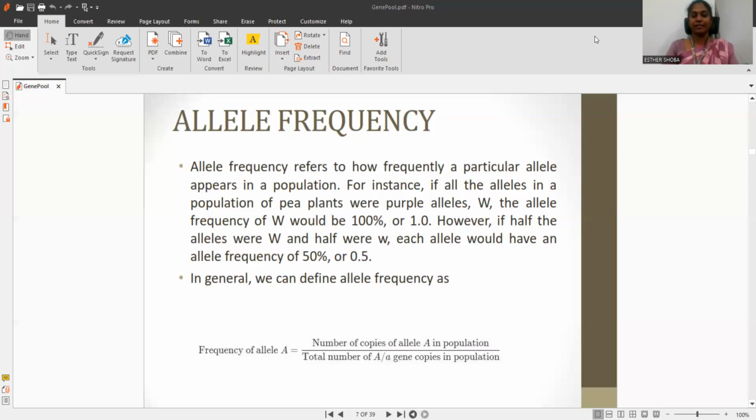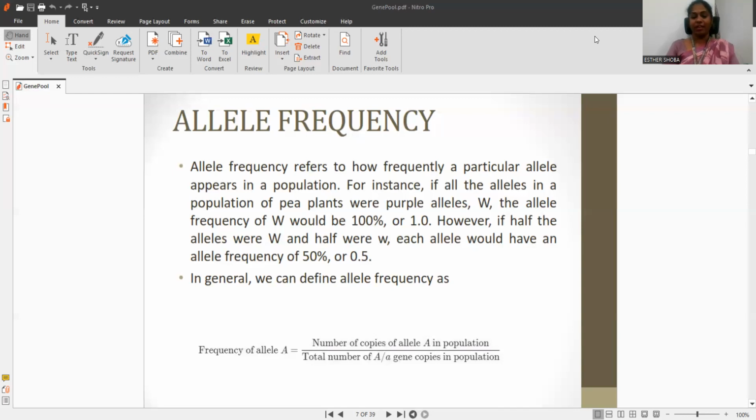Now, let us consider this example. We'll consider the example of the flower color of a pea plant. The flower color of a pea plant might be purple or it might be white. The reason why it is purple is because the gene is having a dominant form, and the reason why the white color is there is because you have a different version of the same gene which is recessive in form.